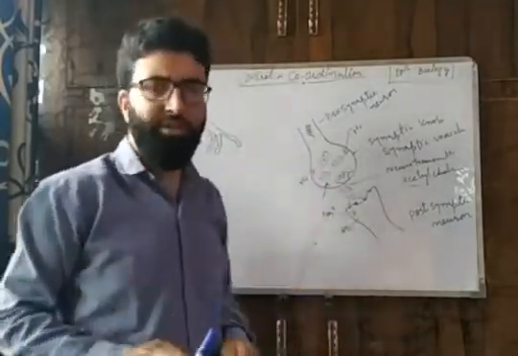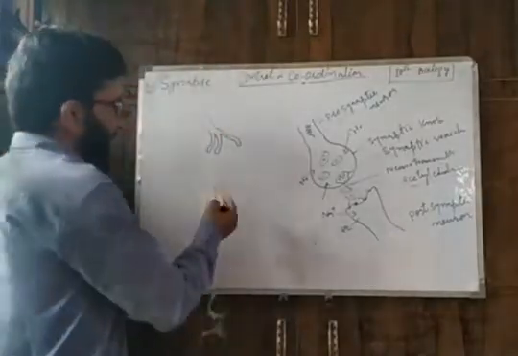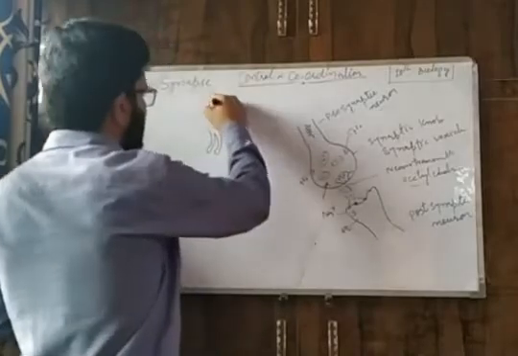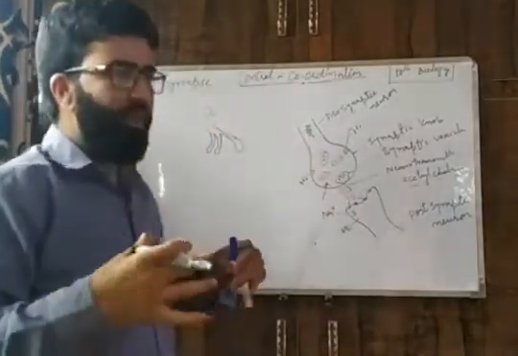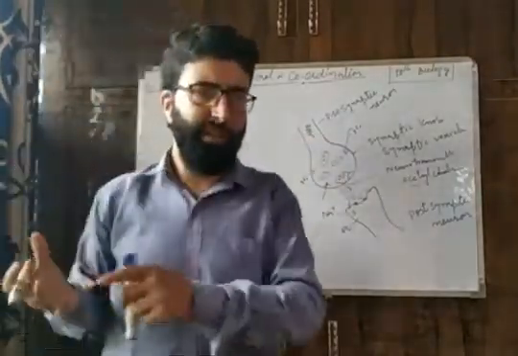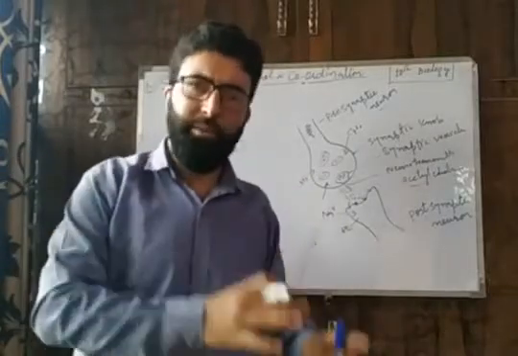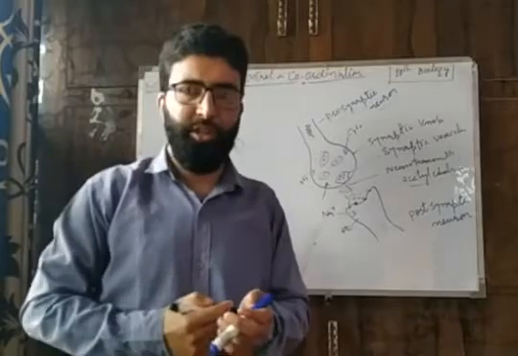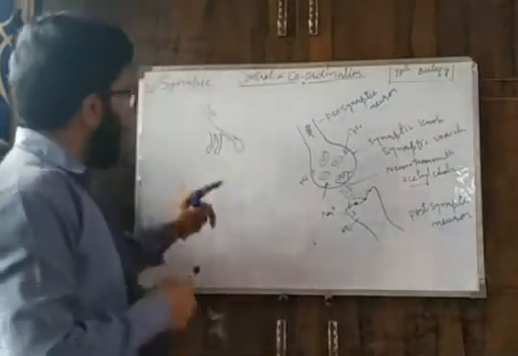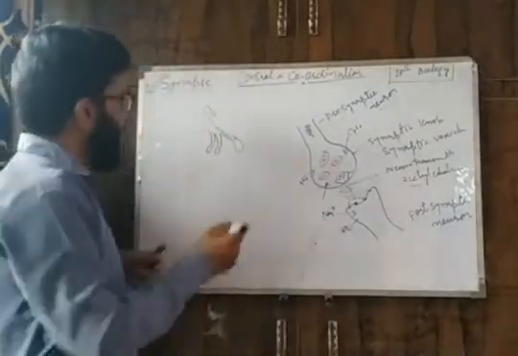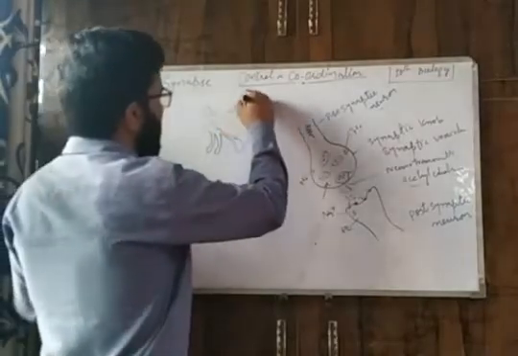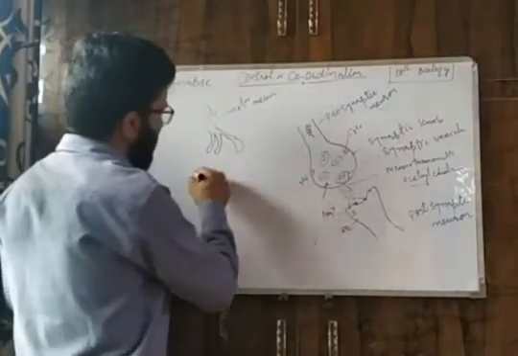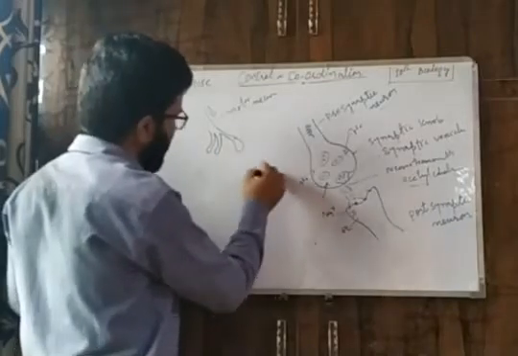This is one-way traffic. Now, this motor neuron brings the nerve impulse from the brain. Then how does this nerve tissue cause action? When this motor neuron brings the nerve impulse, and here is the muscle tissue, for example.